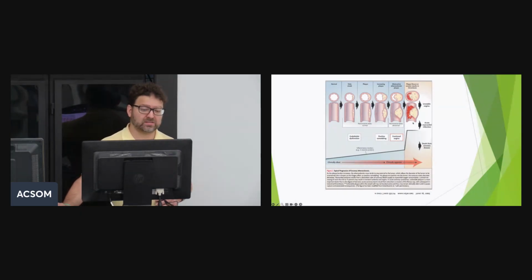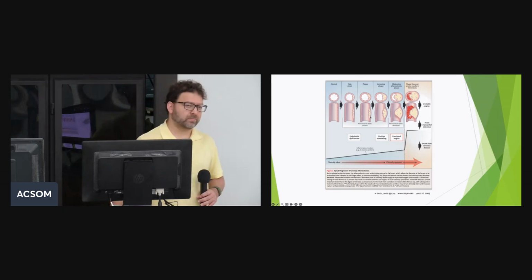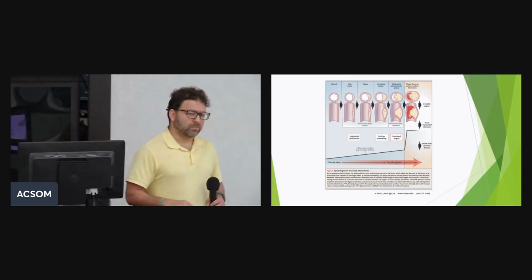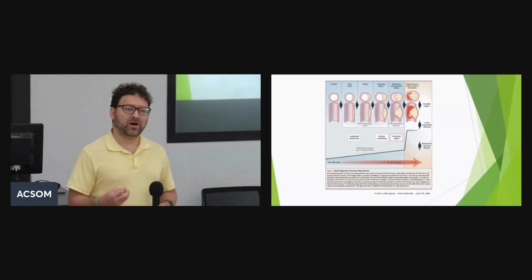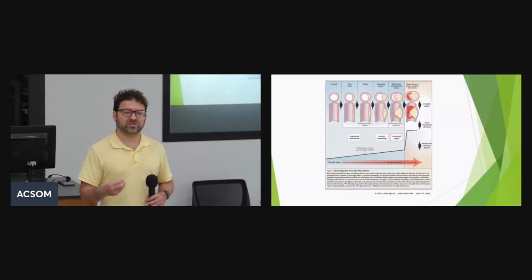But the reality is, this plaque can rupture, or this plaque can rupture. It's really important for you guys to understand that, because when the plaque ruptures, that's what we're talking about when we're talking about acute coronary syndrome. Acute, it's an acute event occurring in the coronary vasculature.